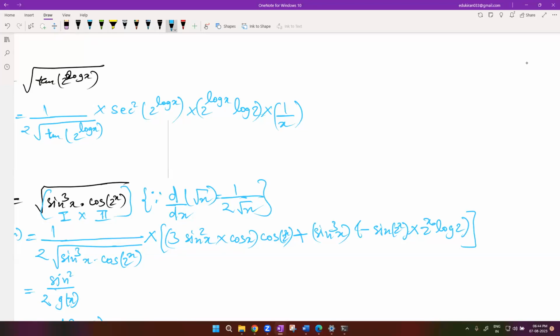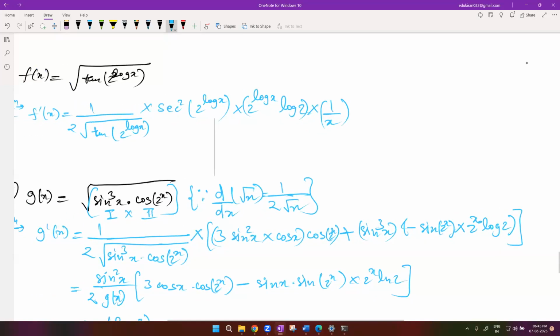So this would be sin square x, and then here we will be left with 3 cos x into cos of 2 to the power x minus sin x into sin of 2 to the power x, 2 to the power x ln 2. This would be the final term for g dash x.